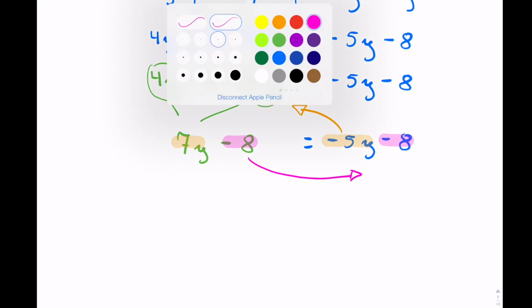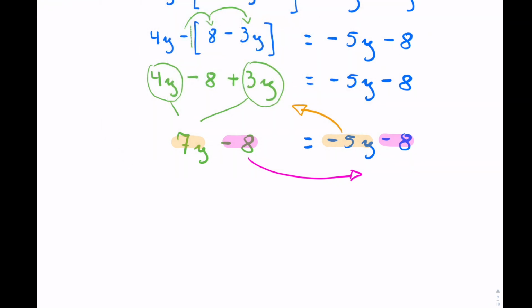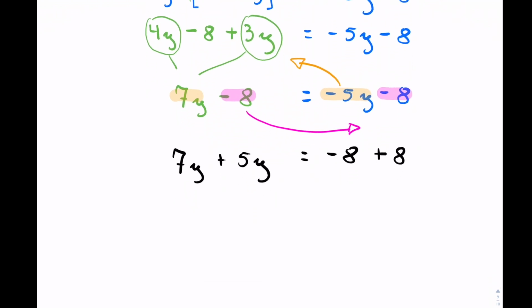So what we will have then, so we have 7y, bring over the negative 5y, which is going to be positive 5y. Then we have negative 8, and bring over the other negative 8, so it's going to be positive. Now I can just add it up, so we'll get 0, and then 12y.